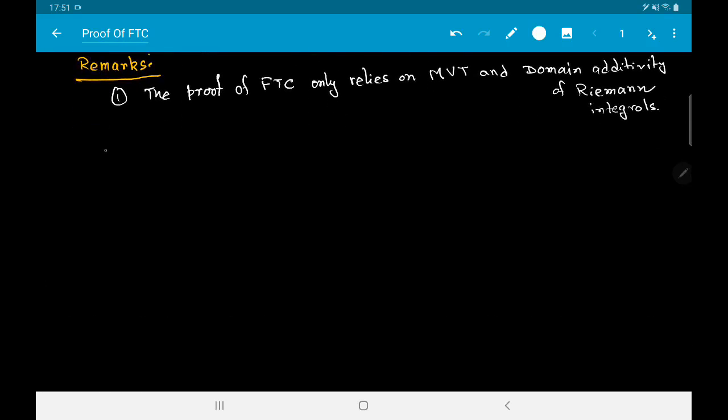Next, we introduce you to the term which is known as antiderivatives.